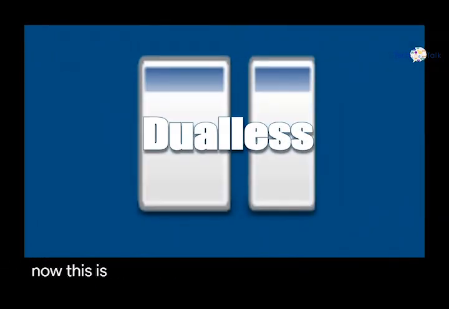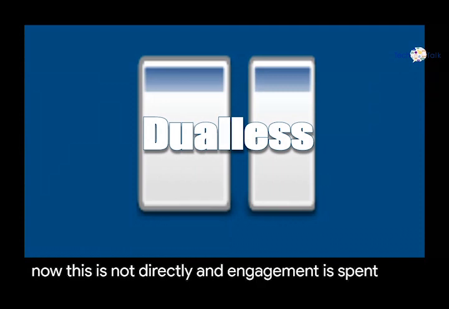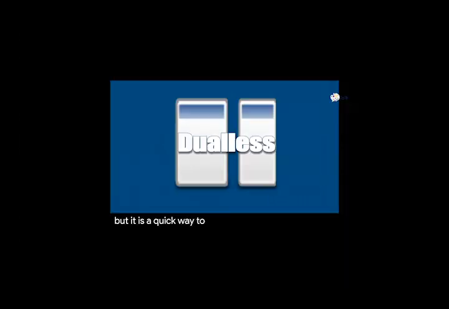Now, this is not directly an engagement extension, but it is a quick way to be able to track engagement between your Google Meet and your presentation. This extension is called Duelist. If you are presenting and you have Nod or Google Meet Plus installed, you might become frustrated because you can't see your students' reactions or the chat while you have your presentation open.